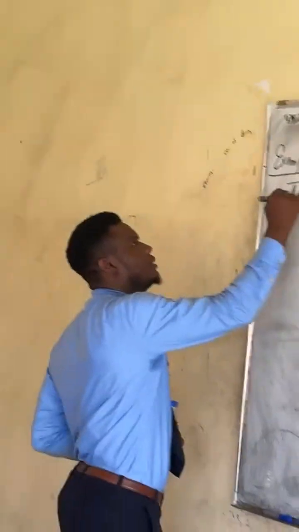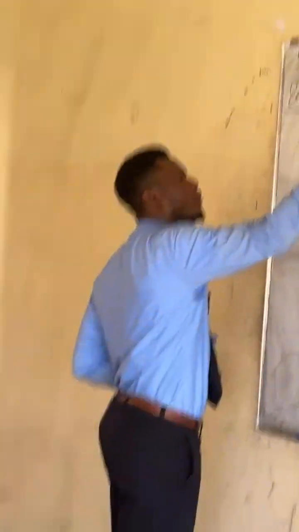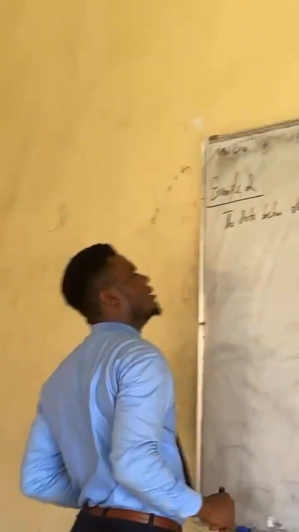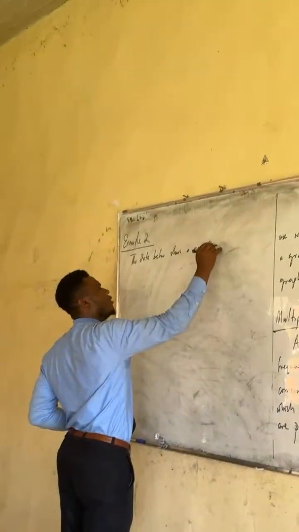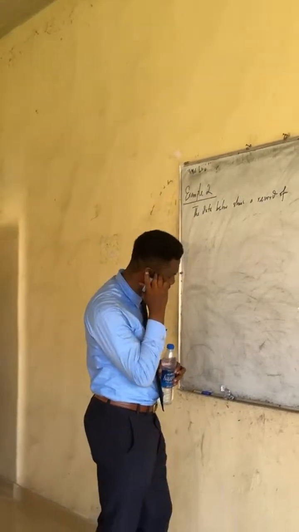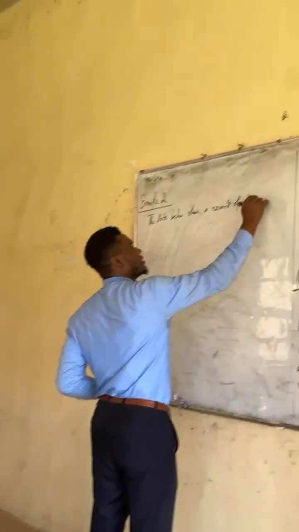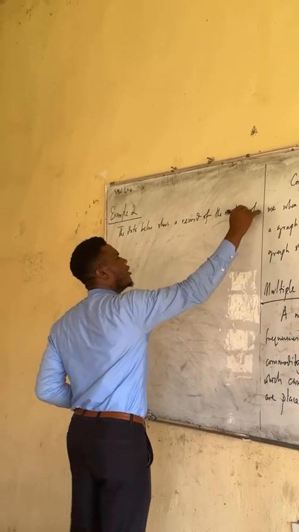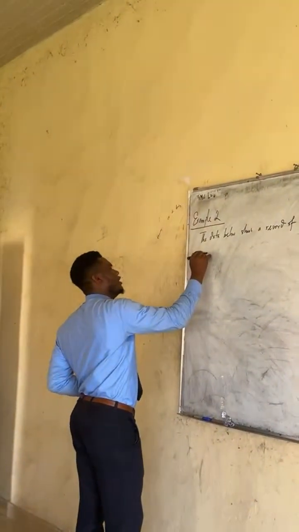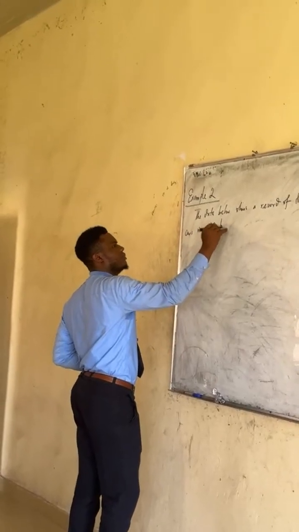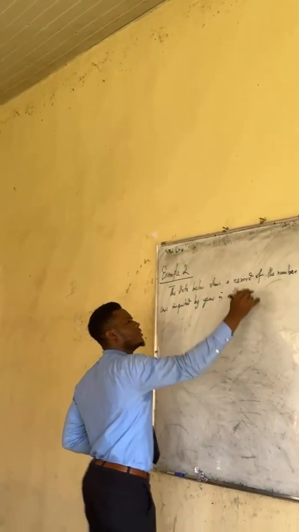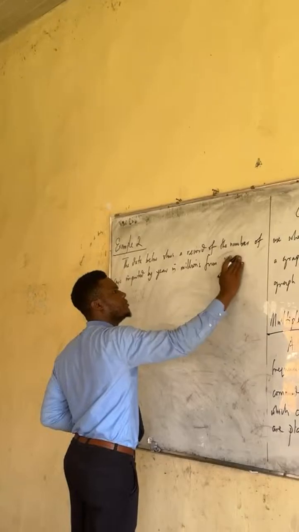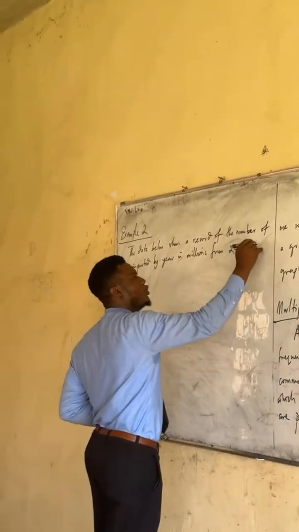Now, the data below shows a record of the number of cars imported per year in millions from 210 to 219.